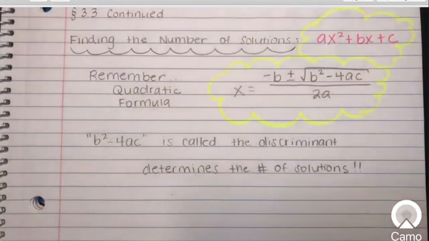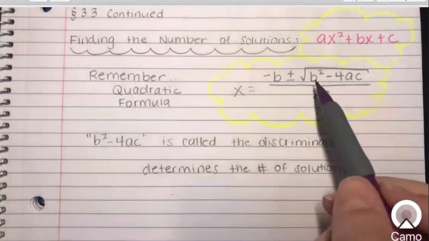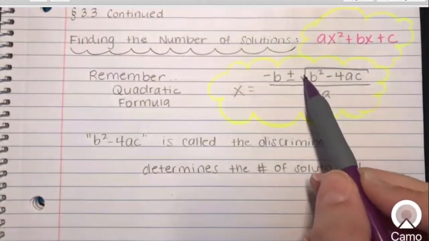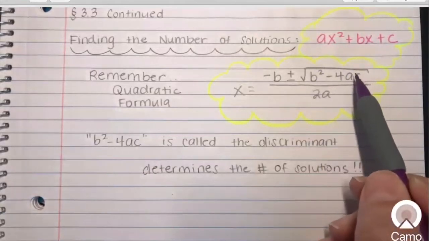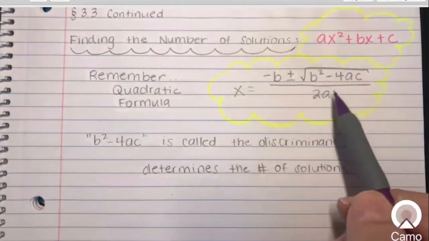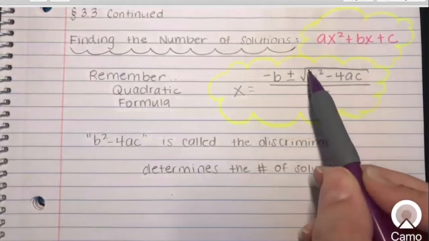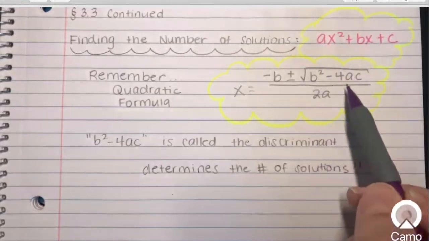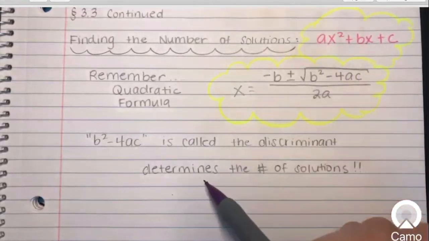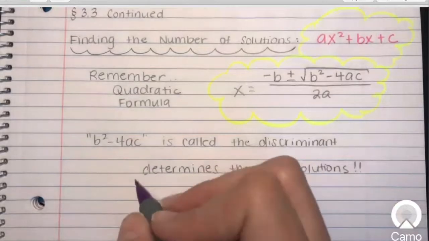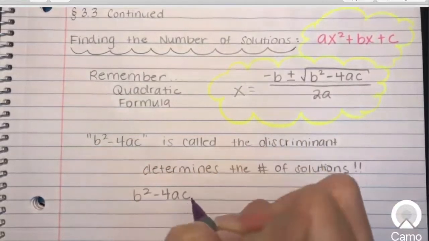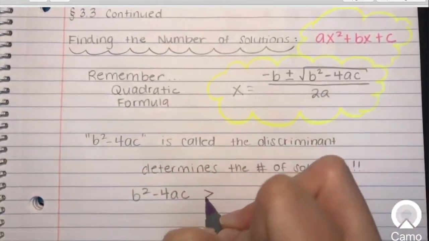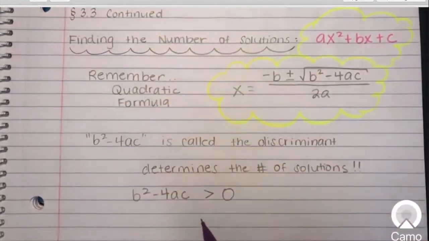For example, if we're solving our quadratic using our quadratic formula, and we substitute all our values in here, and we get to the point where we're ready to simplify the part under the radical, the discriminant, we know that if this value, b squared minus 4ac, is greater than 0, then there's going to be two possible answers, right?